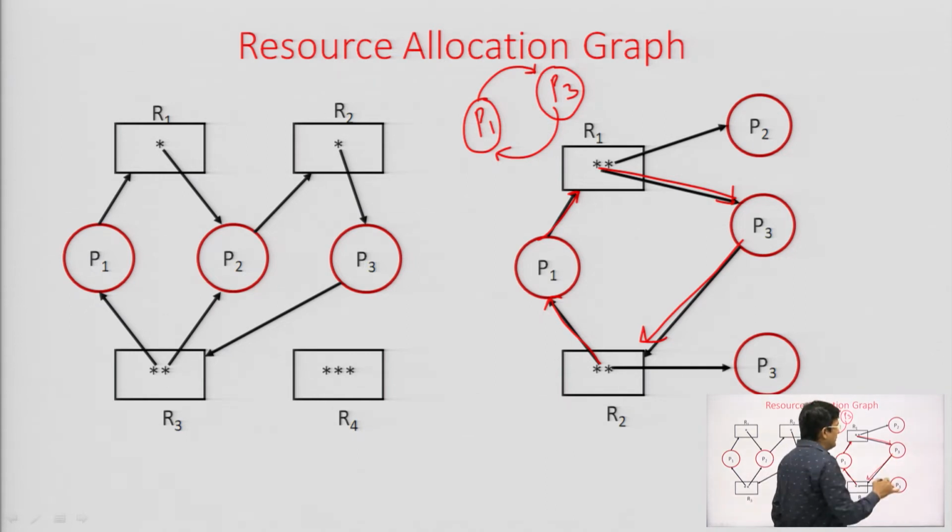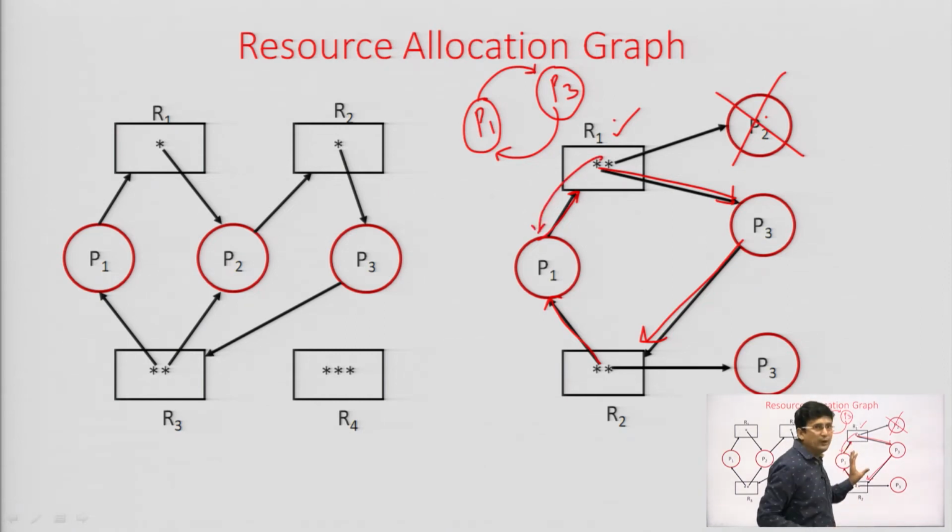Why so? This R1 resource is also allocated to P2 process, P2 has no other dependency, sometime or later P2 will complete. When P2 completes, this resource unit of R1 gets free. So, this resource unit request R1 was of P1, so that can be allocated to P1. So, the cycle has been broken.